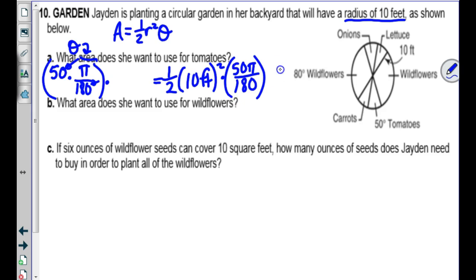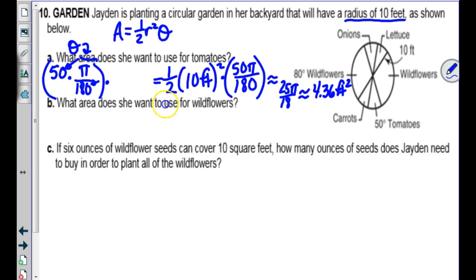Anybody got an answer for me? I think the exact answer is this, but I would rather have a decimal anyway. Sounds right to me. Thanks. And that's square feet. Probably 4.5 or 4.4 square feet, just so we know a rough estimate of what we're talking about.